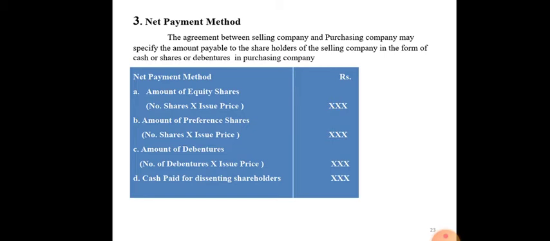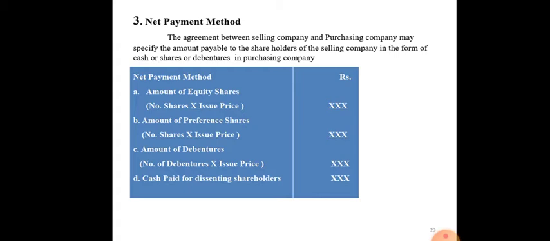This is the third purchase consideration method, the net payment method. The purchase consideration is the agreed value of equity shares, preference shares, debentures, and cash paid by the transferee company to the shareholders of the transferor company.